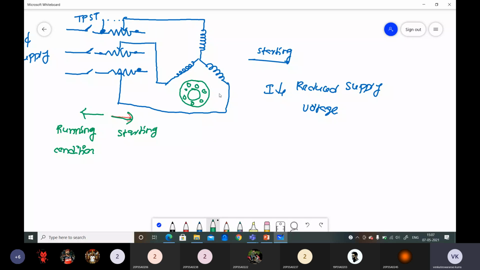The disadvantage of this method is that due to resistance, there will be power loss across the three resistors, hence the efficiency of the motor decreases.